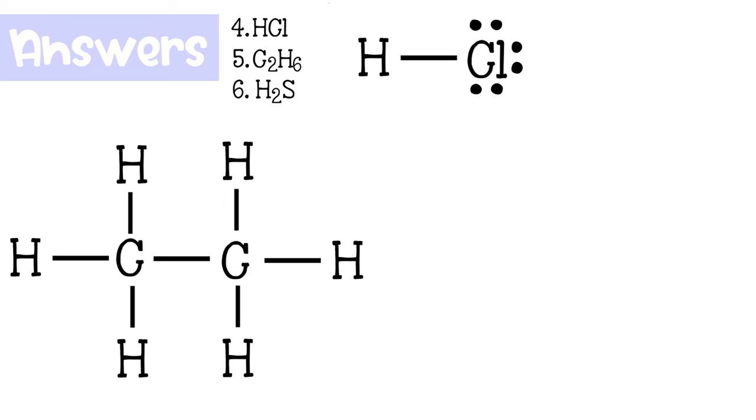On example 6, we have H2S. So let's draw our S in the middle with our 2 H's at a right angle. The reason why we are putting the S in the middle is because H can only form a single bond. We know that sulfur has 6 valence electrons, so we're going to have 2 pairs of electrons and 2 electrons that are by themselves.